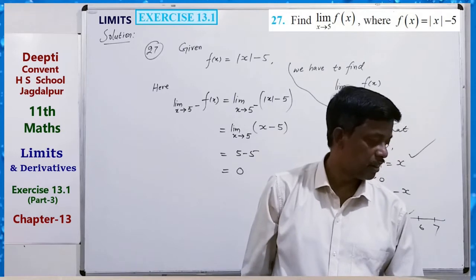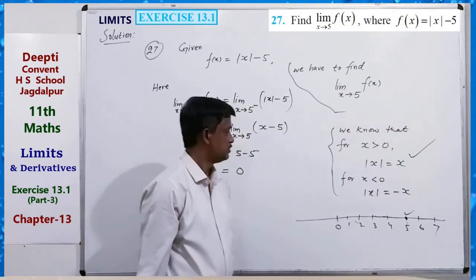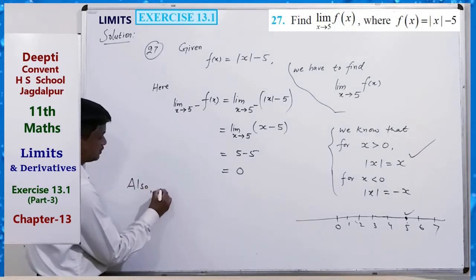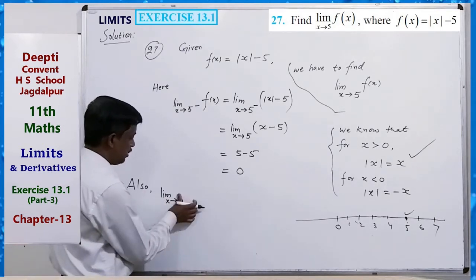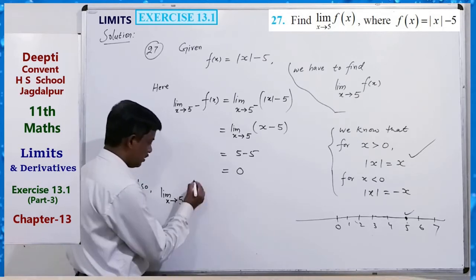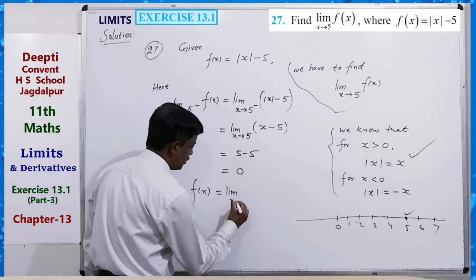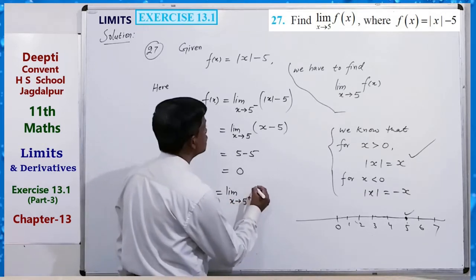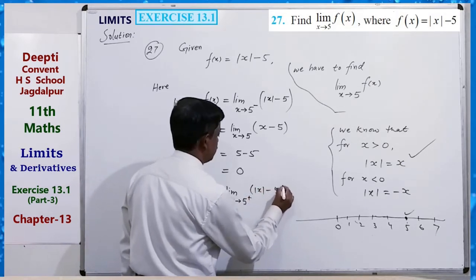Here also, limit x tending to 5 positive side of f(x) is equal to limit x tending to 5 positive of mod x minus 5.